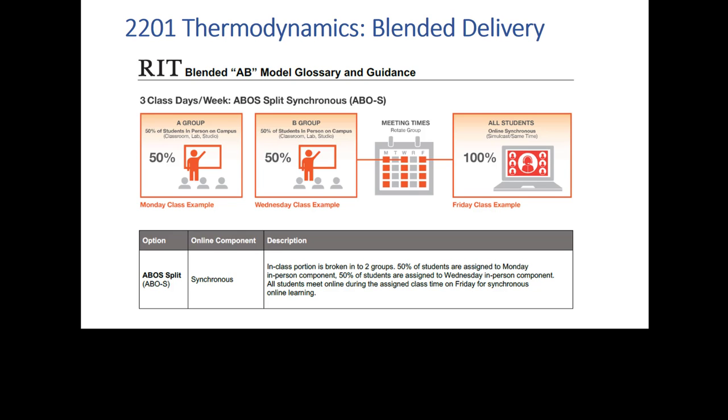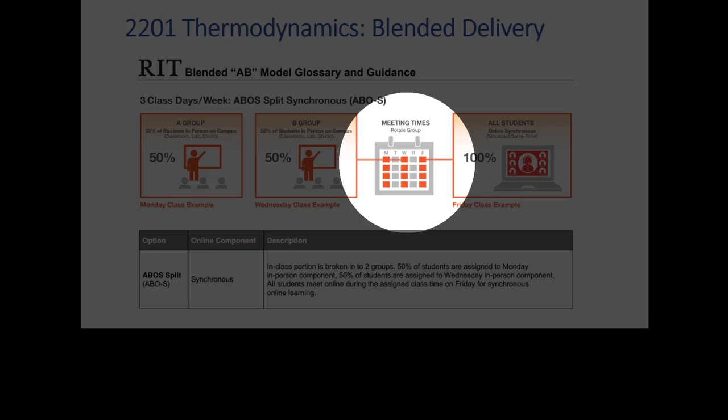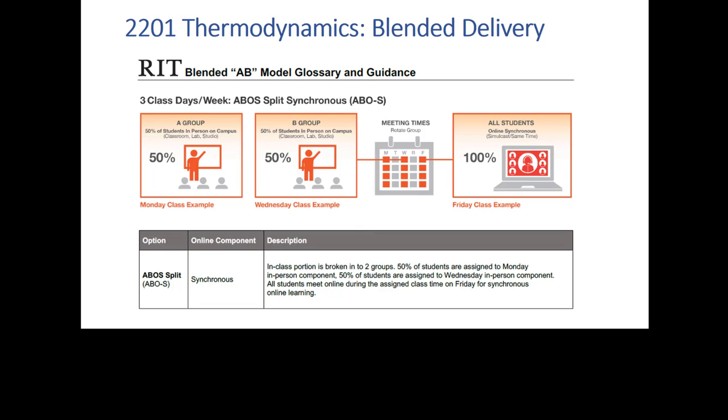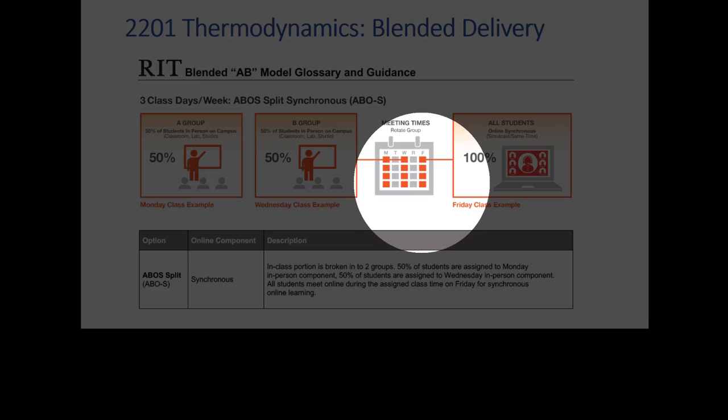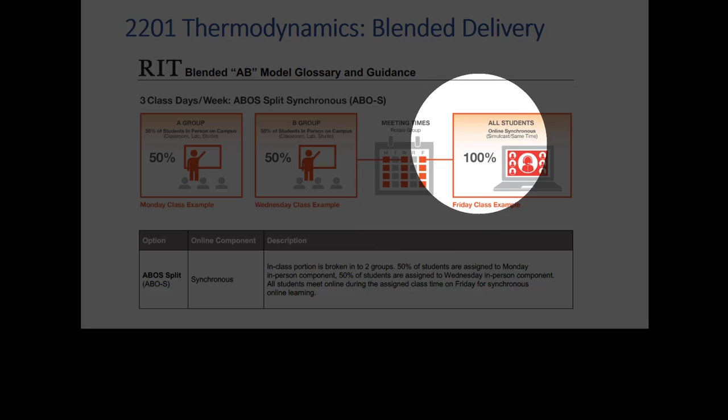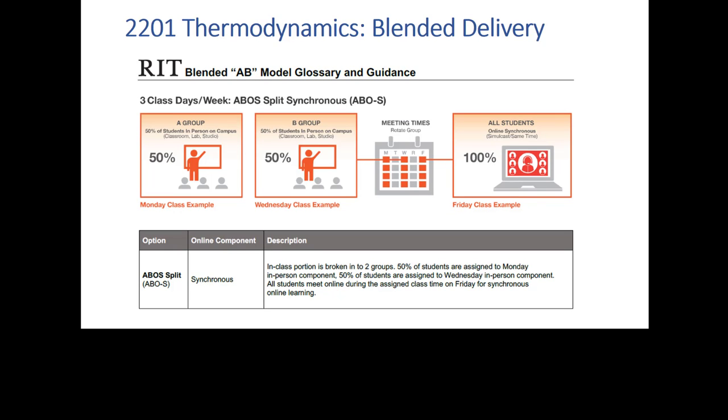Then on Wednesday, we'll switch so that split 2 is in the classroom and split 1 is at home watching the Zoom. Now on Friday, we will meet virtually 100%. So both splits will be watching virtually on Friday. So that's the general type of blended class that will run in thermo.